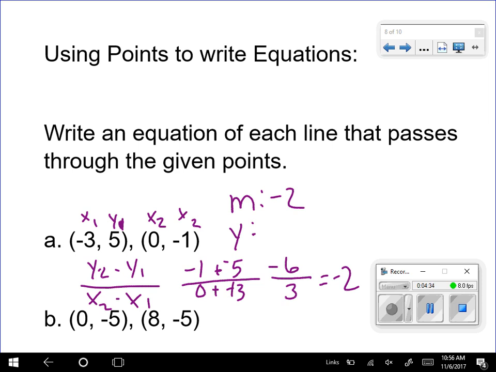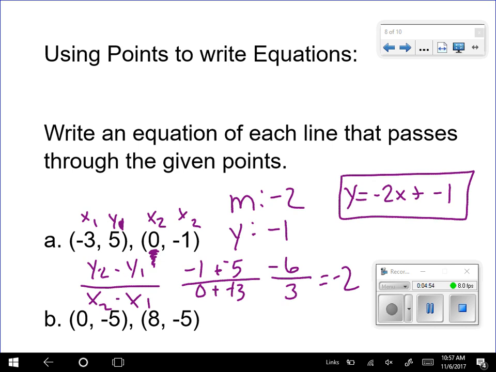Then we have to figure out our y-intercept. Remember, our y-intercept is wherever x equals 0. So here, x equals 0, so our y-intercept is going to be at -1. So if we plug in what we know for slope and y-intercept, this would be our equation.